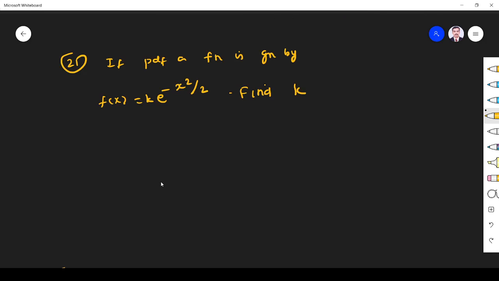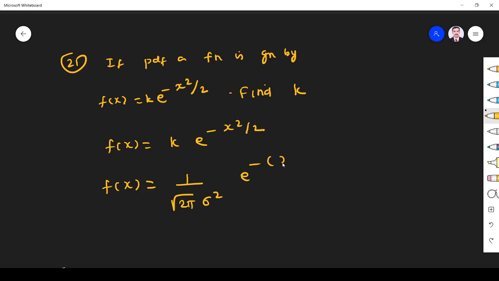The next question is, if the PDF of a function is given by f of x is equal to k into e power minus x squared by 2, find the k value. So they have given the PDF, f of x is equal to k into e power minus x squared by 2. You see it is equivalent to the Gaussian PDF, which can be written as 1 by root 2 pi sigma squared e power minus (x minus mu) whole square divided by 2 sigma square, right?